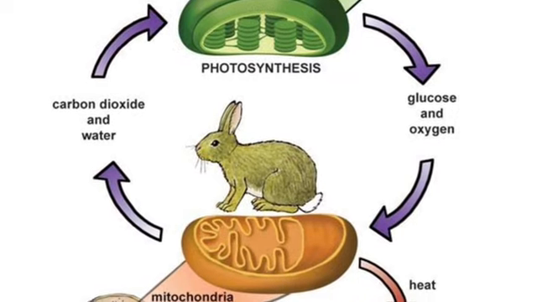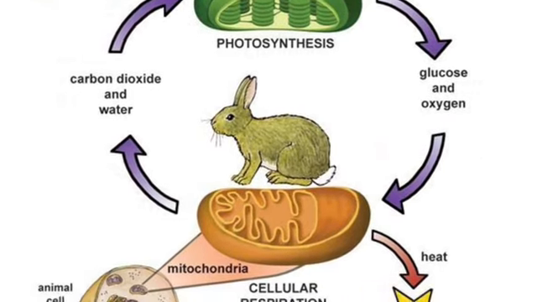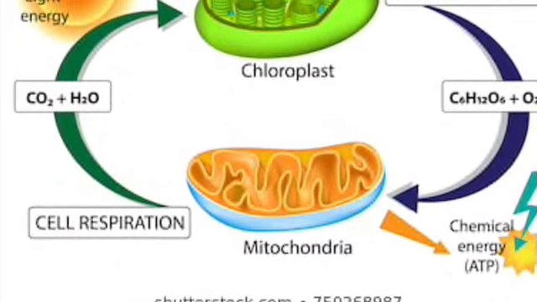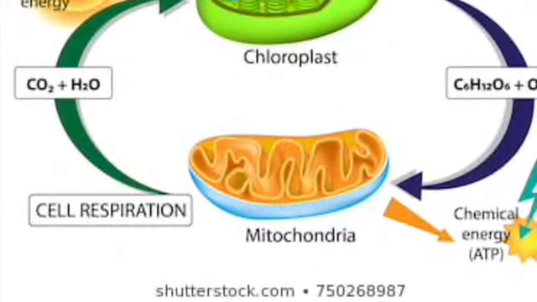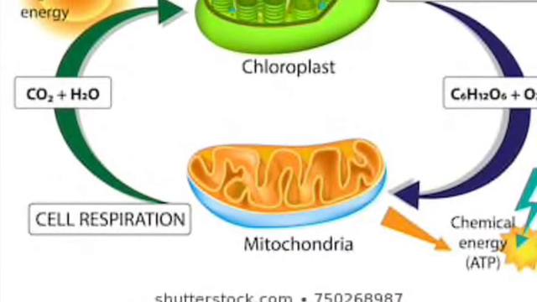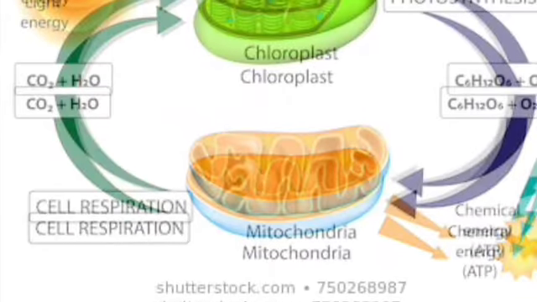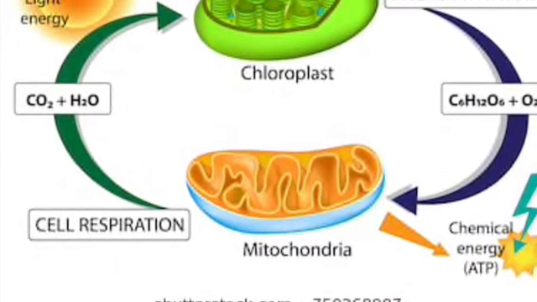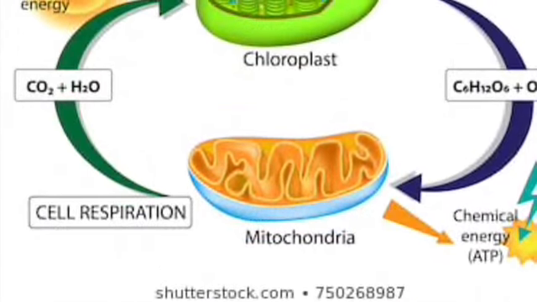The other thing that you need to be mindful of is that photosynthesis and cellular respiration are a part of a cycle, which means that the products of photosynthesis feed into cellular respiration, and the products of cellular respiration feed into photosynthesis.